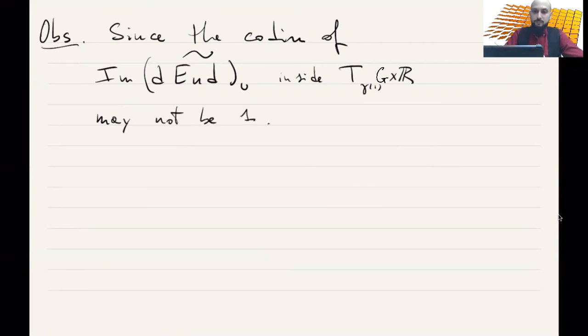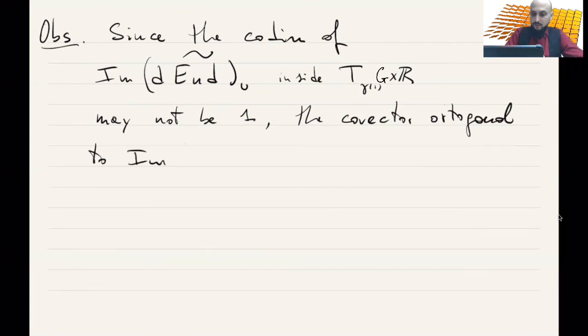And therefore the covector that we chose to be orthogonal to this image is not unique, or may not be unique.